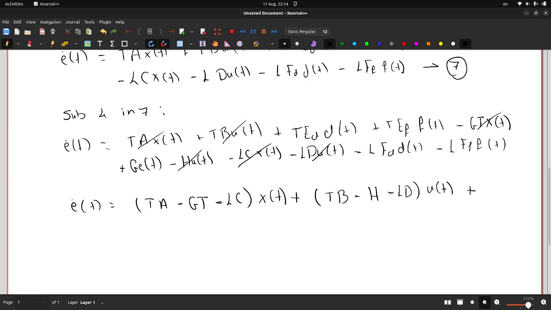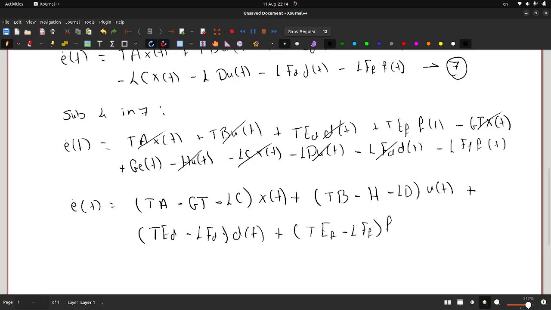Plus terms in d of t, so T E_d minus L F_d times d of t, and lastly plus T E_f minus L F_f times f of t, and we're done with these terms as well. Lastly this one, plus Ge of t.